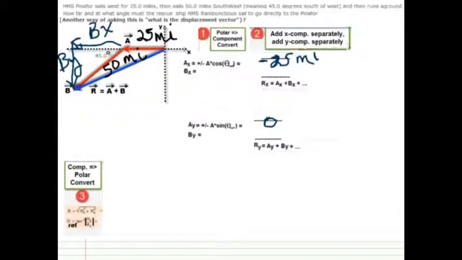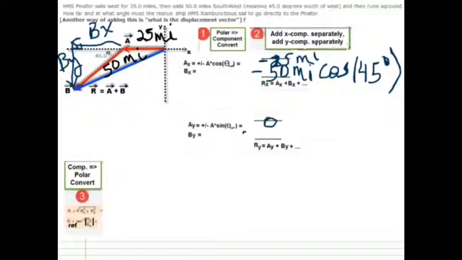And so we now fill that in. 50 miles times the cosine of 45 degrees. And for the y component, we write minus hypotenuse, or again 50 miles, but this time times the sine of 45 degrees.